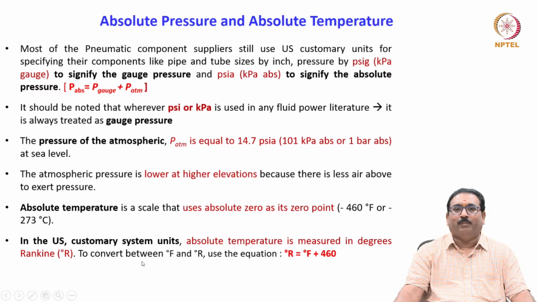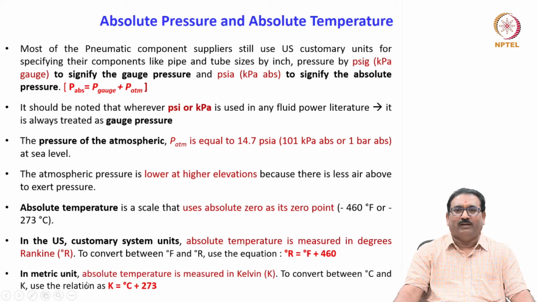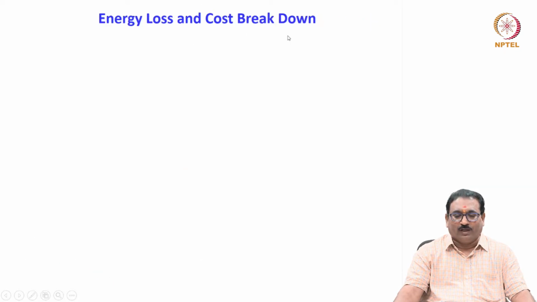To convert between Fahrenheit and degrees Rankine, use the relation R equals F plus 460. In metric units, the absolute temperature is measured in Kelvin. To convert between degrees centigrade and Kelvin, use the relation K equals C plus 273. Knowing this absolute pressure and absolute temperature, we will move on to the energy loss and cost breakdown.